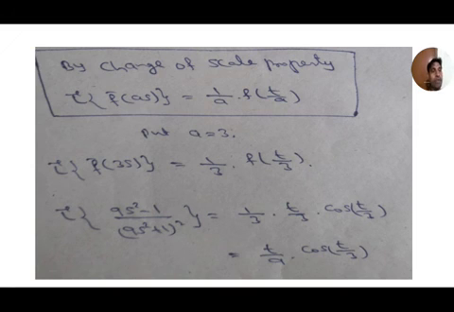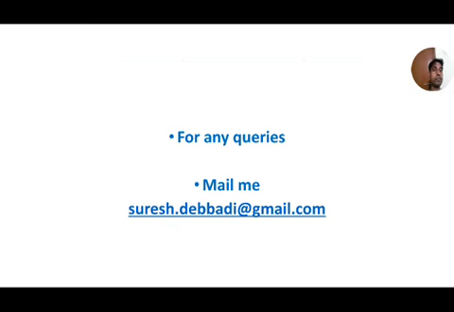Up to now we discussed the second shifting theorem and problems on it, and the change of scale property and problems on it. The second shifting theorem is used to find the inverse Laplace transform of a function of the form e to the power of minus as into f bar s, which equals f of t minus a into u of t minus a.